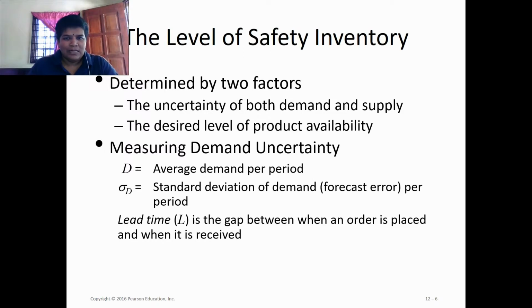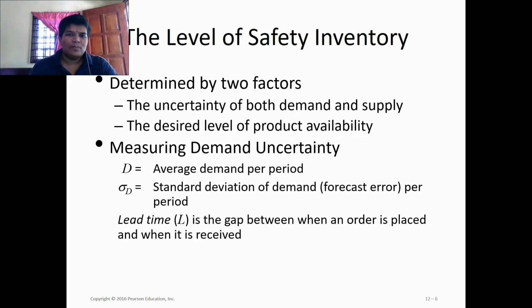Of course, you will see a lot of formulas in this chapter to calculate how many units of product you can store in your plant or storeroom.